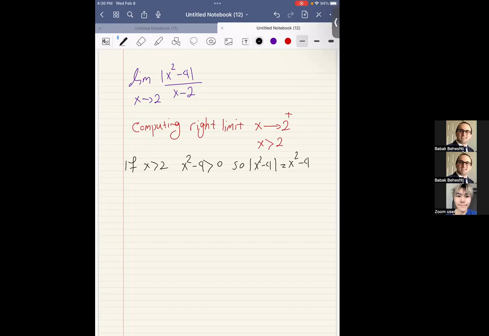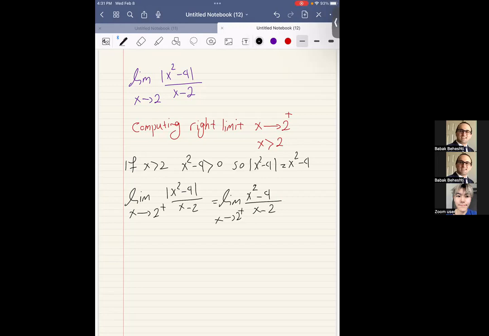So for the right limit, the limit as x goes to 2 plus of the absolute value of x squared minus 4 over x minus 2 is just equal to the limit of x squared minus 4 over x minus 2.